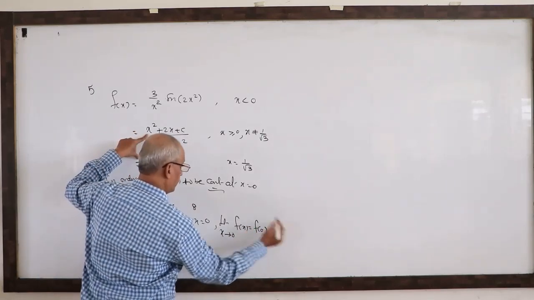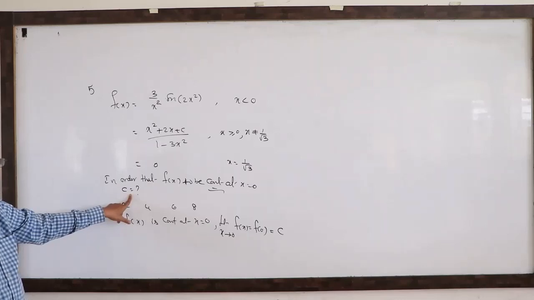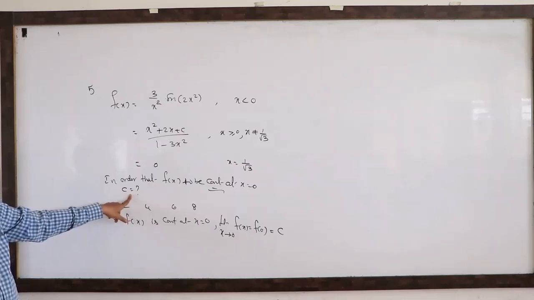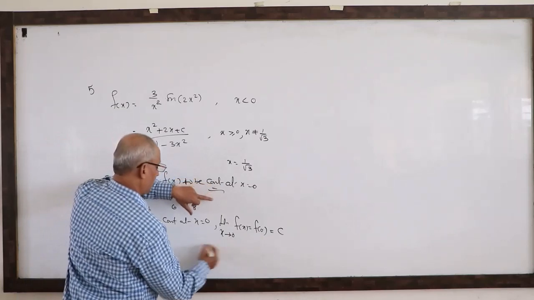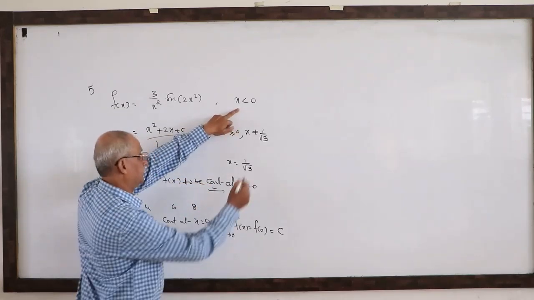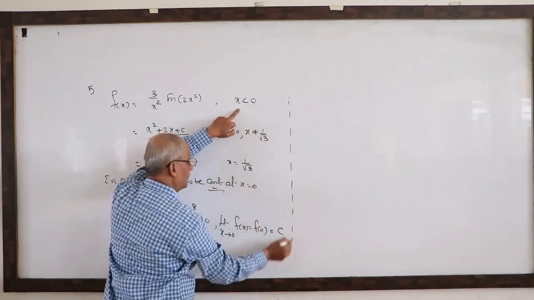So to find c, finally what do we do? Find the limiting value only, that also left limit to right limit. Left limit means x less than 0.